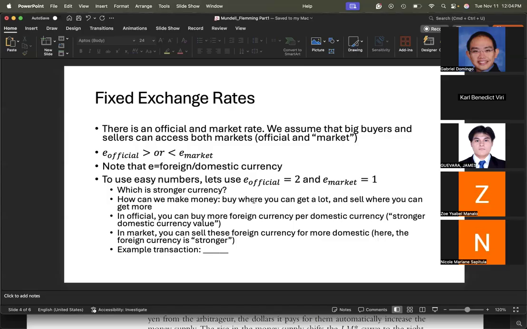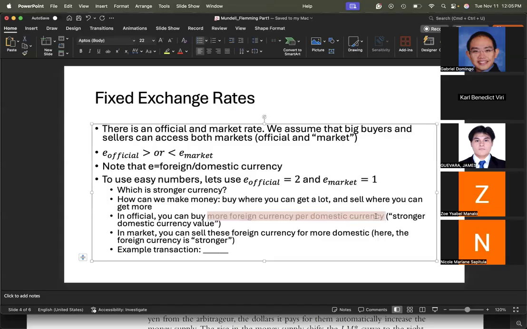That's where you want to buy because you get more than in the market. Because if you use the market, you sell one domestic currency, you only get one foreign. So in official, you'll want to buy foreign currency because you can get more foreign currency per domestic currency.